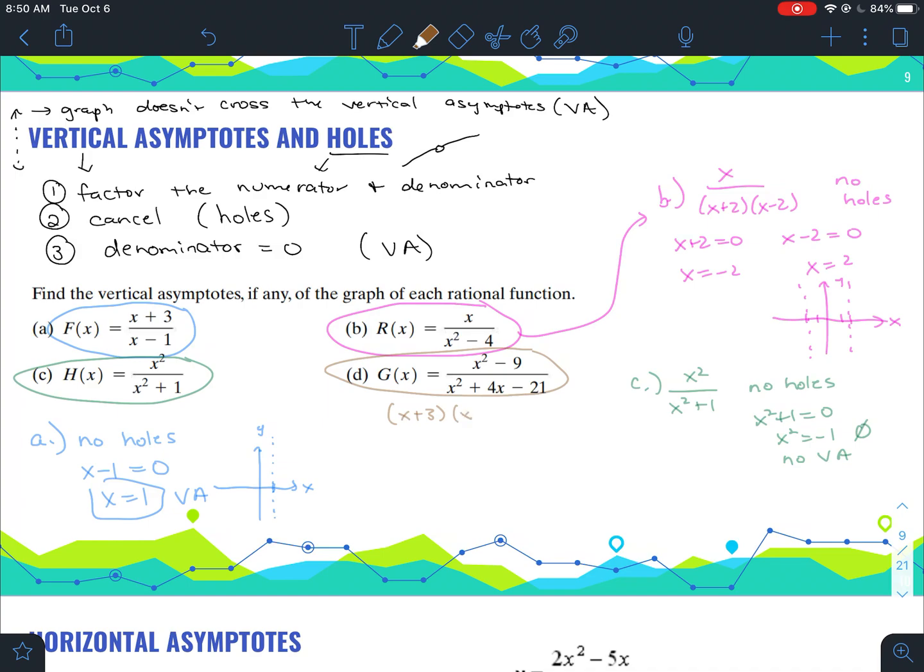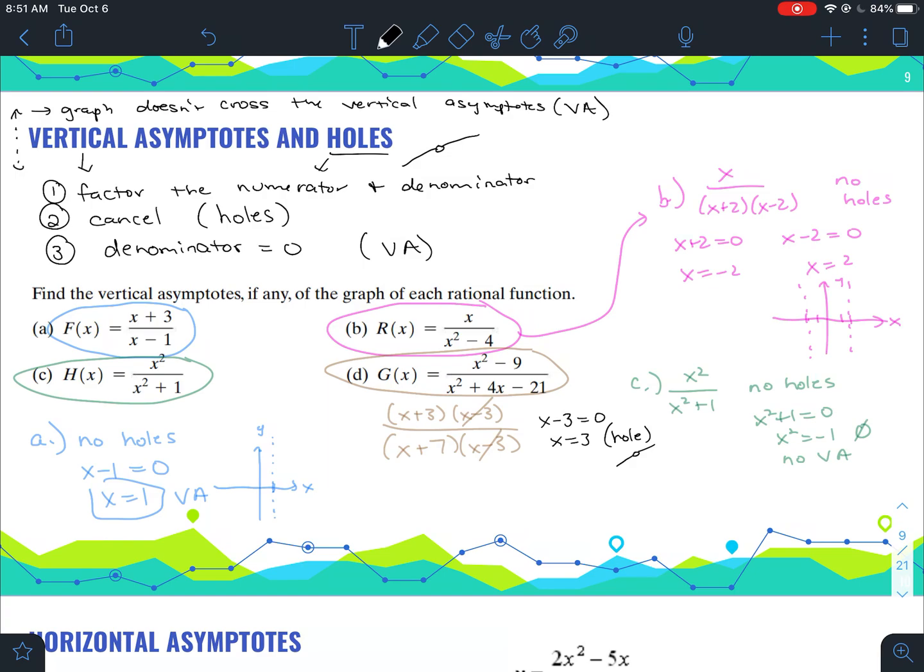And let's look at our last one, D. So factor the numerator, (x plus 3)(x minus 3). Factor the denominator, (x plus 7)(x minus 3). Notice the x minus 3's cancel. So if something cancels, you take whatever cancels, set it equal to 0, and solve. And that's going to be a hole. So there's a hole when x is equal to 3.